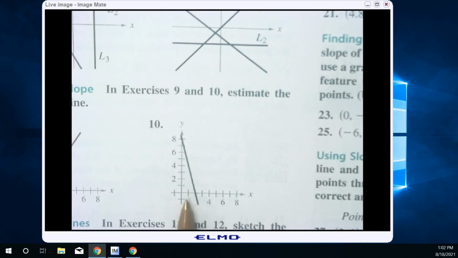What am I counting by across the bottom? It's 1. So I've got 8 and over 2. So what's 8 over 2? 4. It is -4 over 1. It is -4, and you can put 4 over 1. You don't have to put the 1. You do have to have the negative.